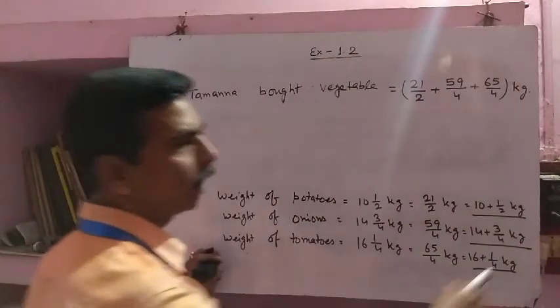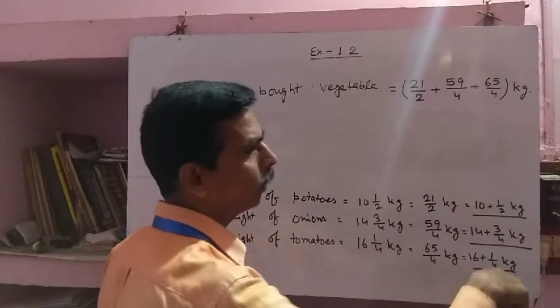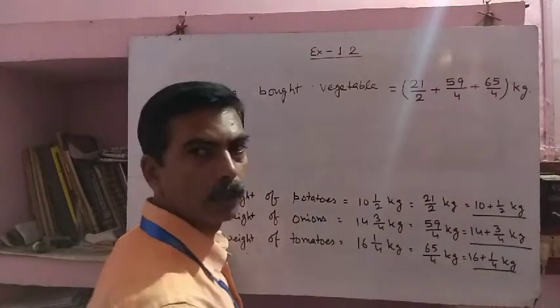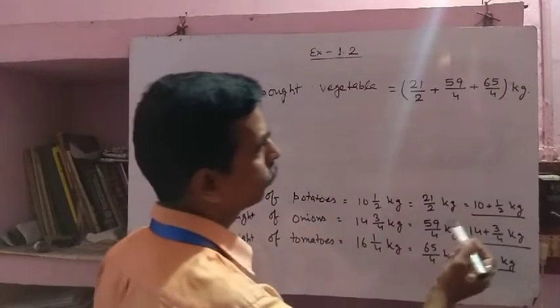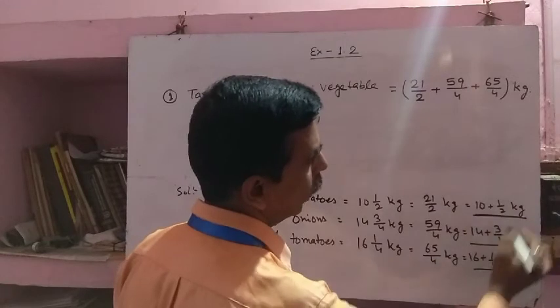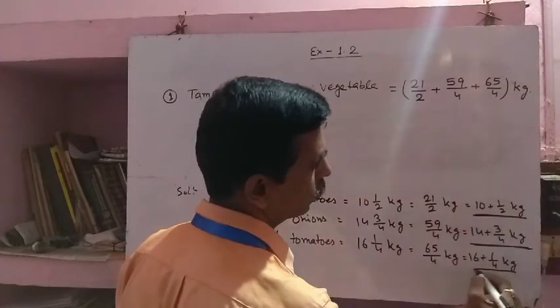Don't worry why I have written this much. Don't worry about that one. We'll discuss another method for how to solve this type of question. That's why, for your easiness, I have just written this format also.